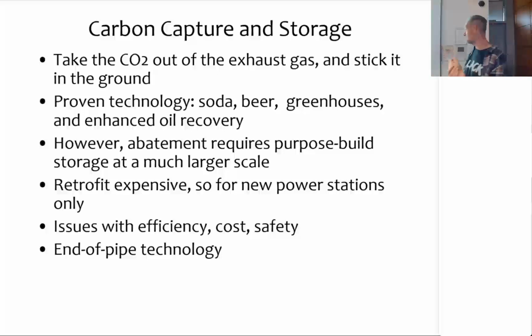We know what to do with that CO2. We can stick it in soda or beer. The bubbles in your beer are CO2. We can stick it in greenhouses to make plants grow faster. And we can also pump it back into the ground in oil wells to increase the pressure and make the oil come out faster, right? So this is a proven technology. We know how to separate CO2 and we know how to transport it and stick it somewhere, right?